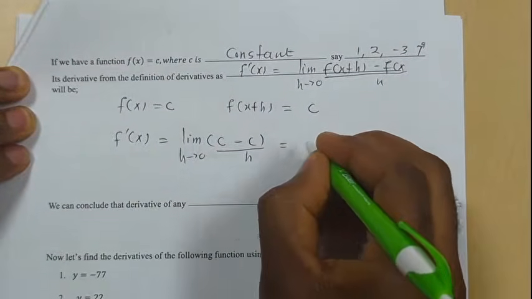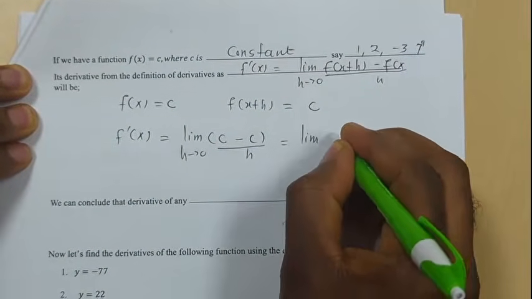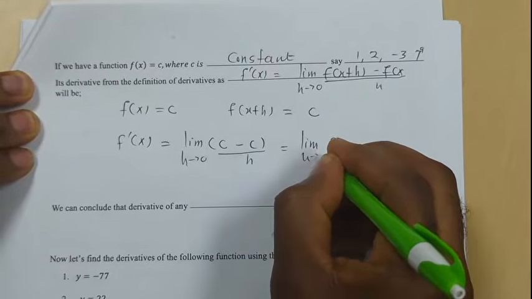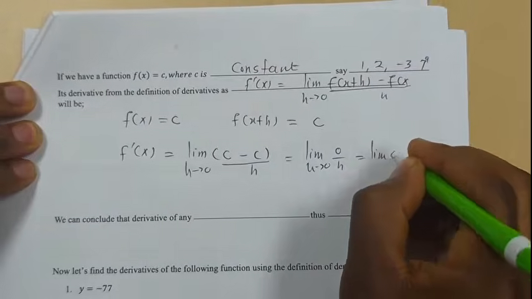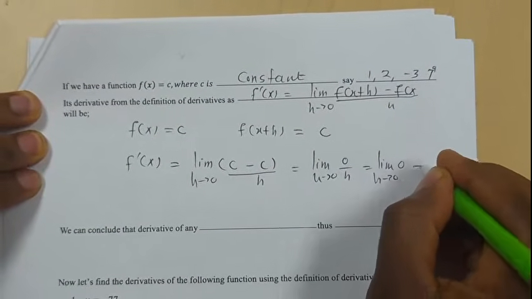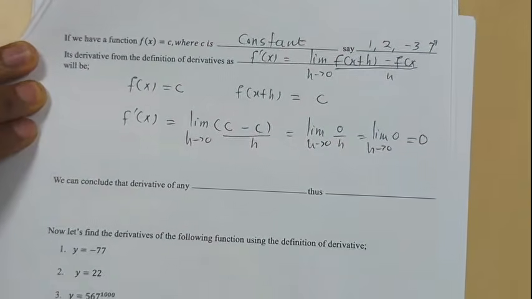So this is just the limit of 0 over h as h approaches 0. So 0 over h is just 0. The limit of 0 as h approaches 0 is just equal to 0.